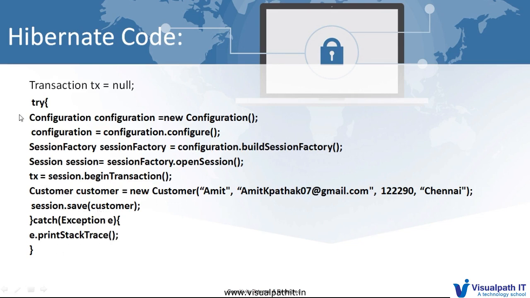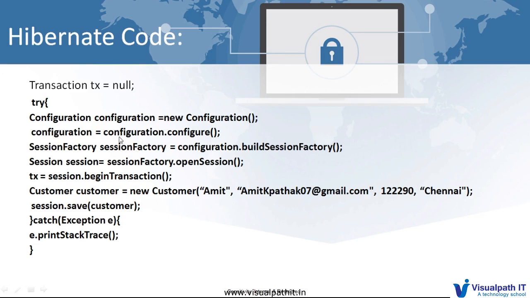I would like to explain one more time that the 4 objects are configuration, session factory, session and transaction. That is the only main core thing of Hibernate. First we instantiate the configuration class through the default constructor, configuration equal to new configuration, and through that object we call the configure method.